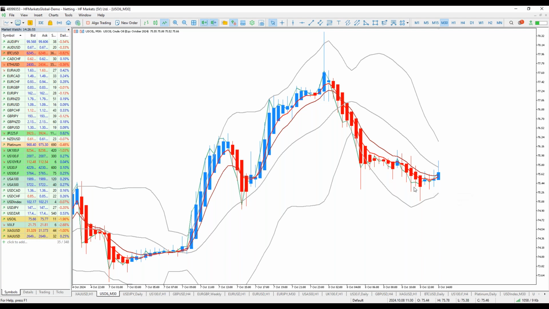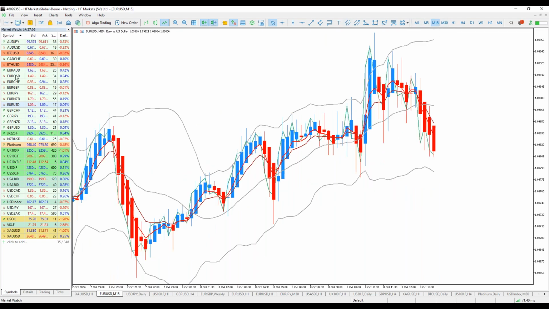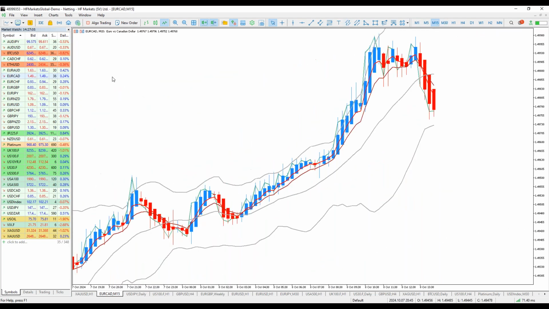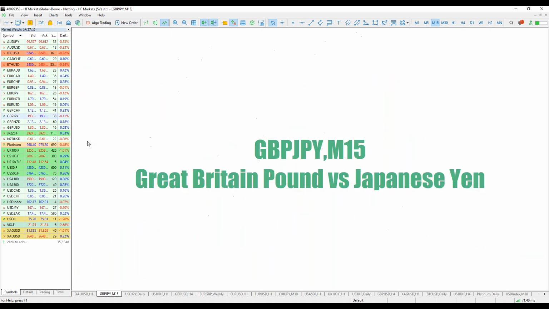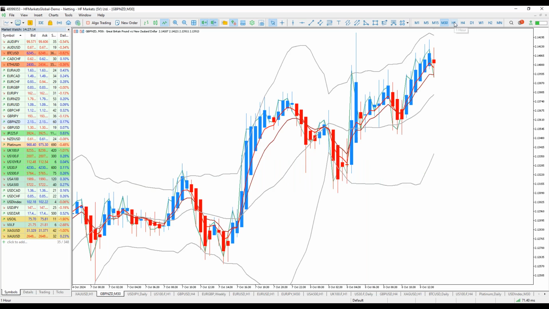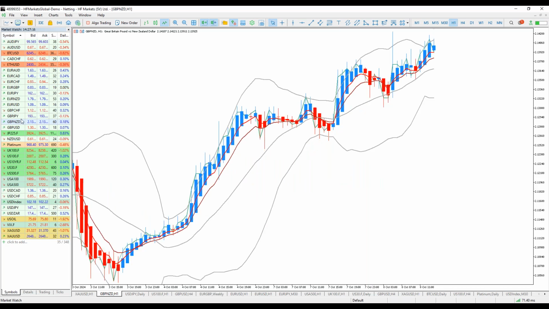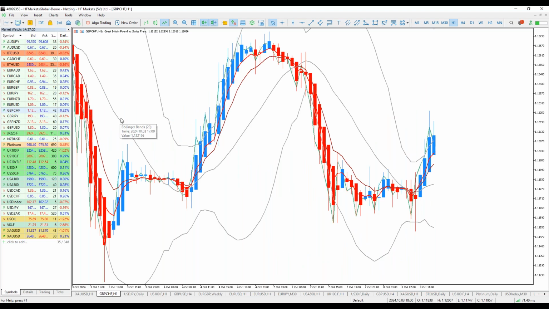Okay, so you see, now it's squeezed again. I want to find an example at which you can see it. Okay, look at that. This is Euro pound Swiss, 1 hour chart. Can you see that? Hopefully you can.